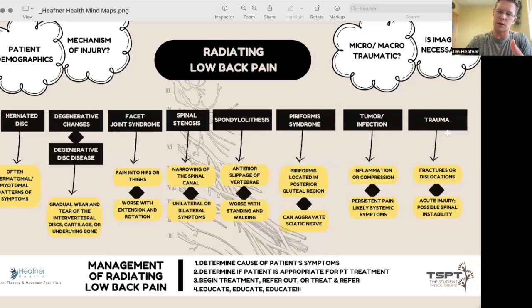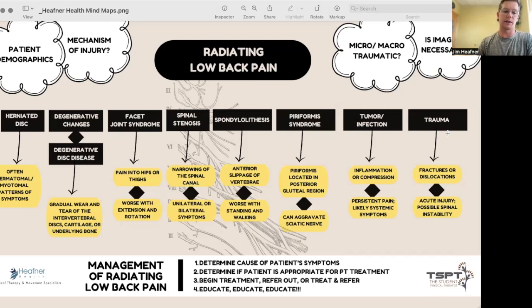And knowing what structure is involved can help then on your diagnosis and prognosis about how long it's going to take for that person to get better. But for me, it's really identifying the symptoms around what's causing their pain, and then also educating them about how pain operates in the body and the top-down nature of pain. But all of these things are the various causes of radiating low back pain.